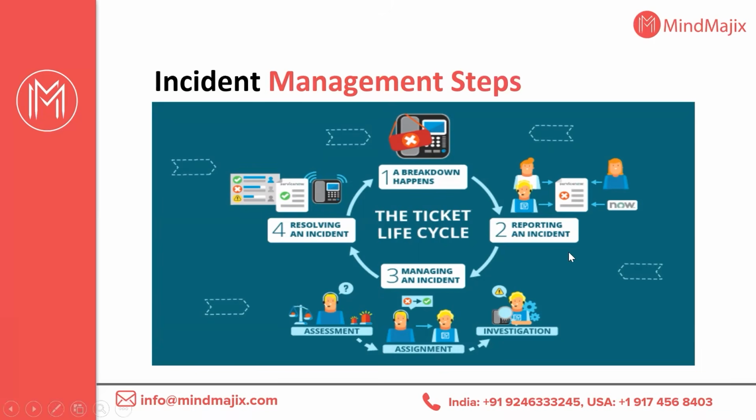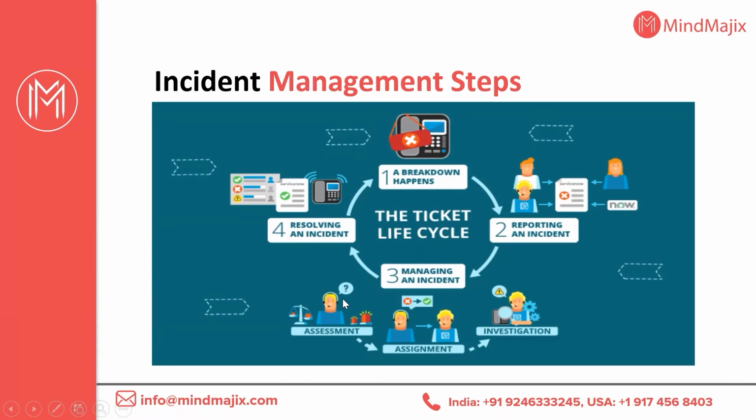Okay. Once reporting of the incident happens, managing an incident should happen. That is investigation, assignment, and assessment. The investigation should happen, like why this issue was raised. Then assignment should happen, like which group, which team can solve this problem.